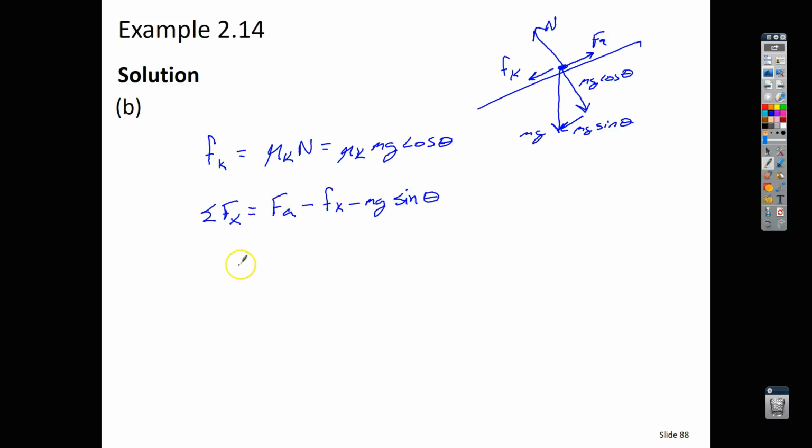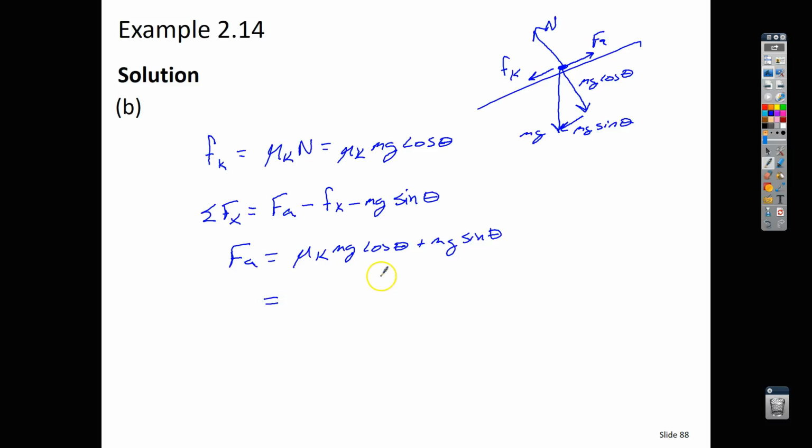So we can move everything over. Now we're going to say that the applied force is equal to Fk, which we said was mu k times mg times the cosine of the angle, plus mg times the sine of the angle. Because both friction and the force down the hill are going in the same direction, so we actually add those.